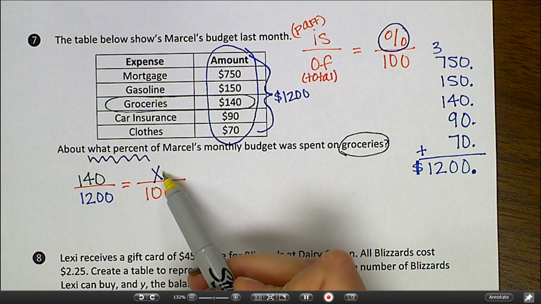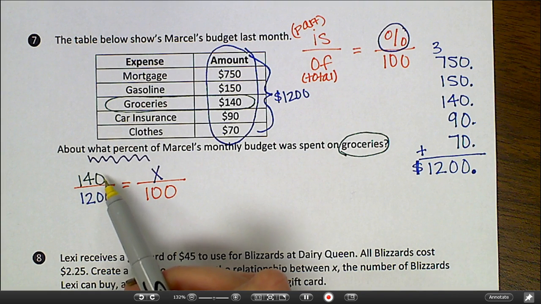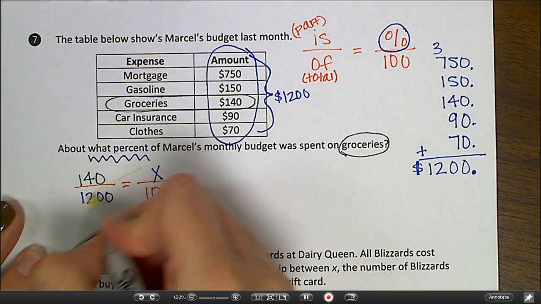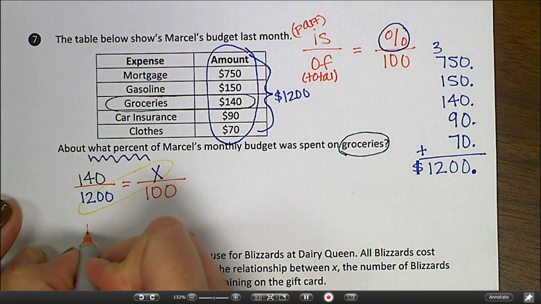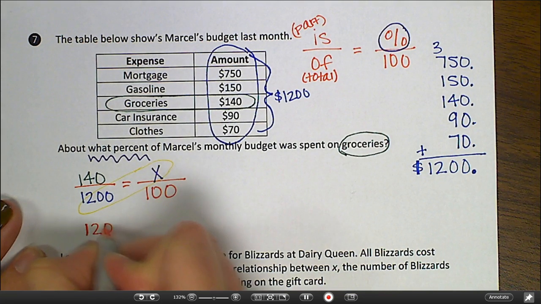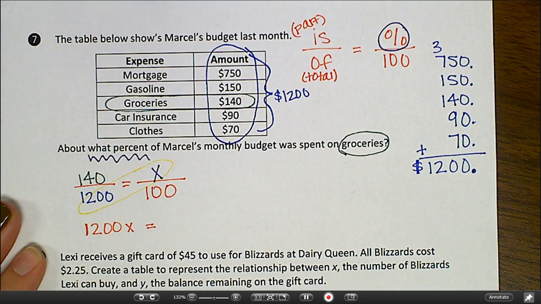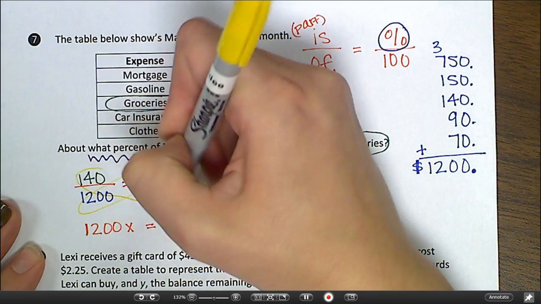Percent, which is what we're looking for, over 100. This is the part that we're spending on groceries, and our total. So let's cross multiply. X times 1,200 is, 1,200 X equals, remember proportions always have to have an equal sign in the middle, 140 times 100.